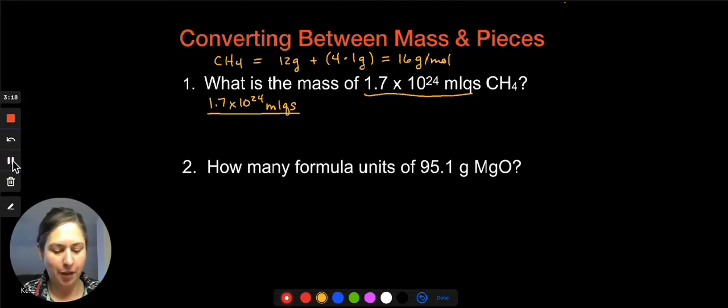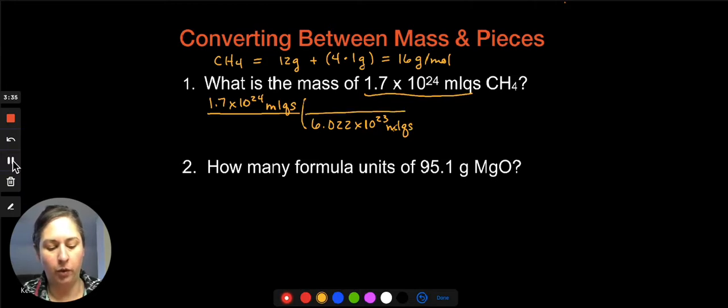So let's go ahead and come back here. The first thing we need to do, we have molecules, we need to cancel molecules. In order to cancel molecules, we have to put Avogadro's number on the bottom, 6.022 times 10 to the 23rd molecules for 1 mole. So molecules cancel.